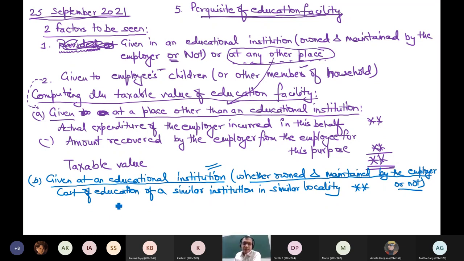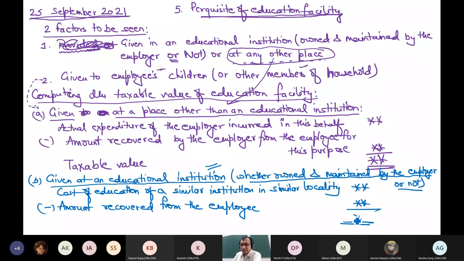This is the taxable value. Of course, from this I should deduct the amount recovered from the employee. And this is the taxable value.